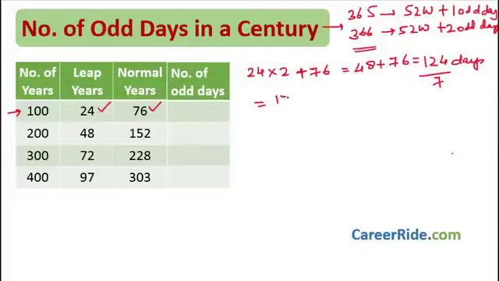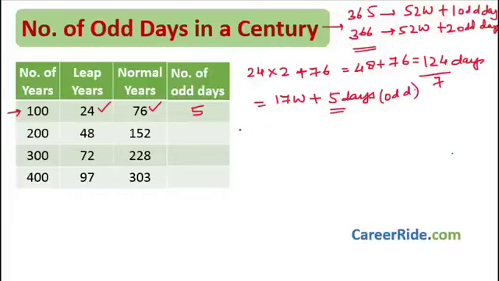I'll get 17 weeks plus some number of odd days, and these odd days will be 5 days, because this is going to be the remainder. When I divide 124 by 7, I'll get 5 as remainder. So what I have got? I have got 5 odd days. Let us put this information in the table. So if I have got a period of 100 years, I have got 5 odd days here.